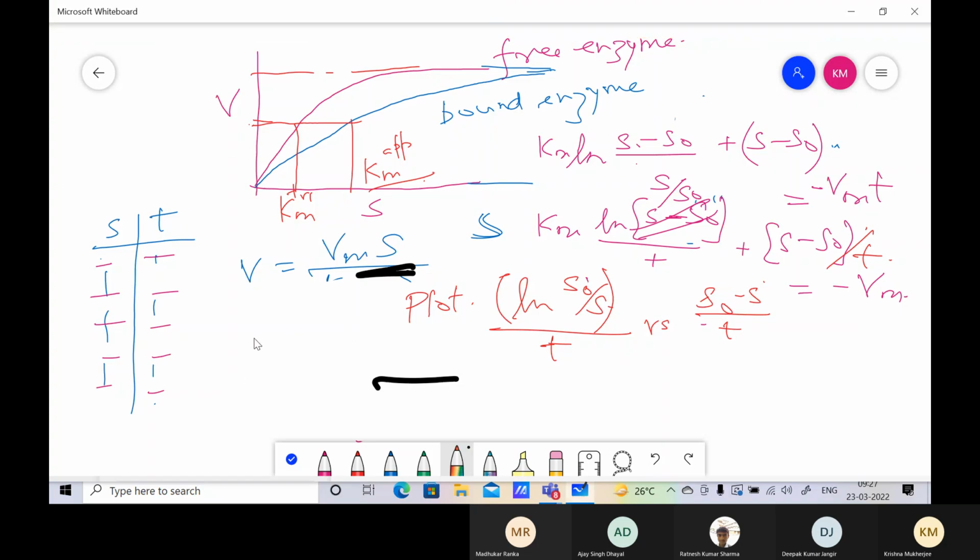So really, let me give you some data points. Let us choose some data, and I want two people to answer this. Let us say S naught at time t equal to 0 was 100 millimolar. And let us say I determine at times in minutes 1, 2, 3, 4. Let us take just 4 data points.